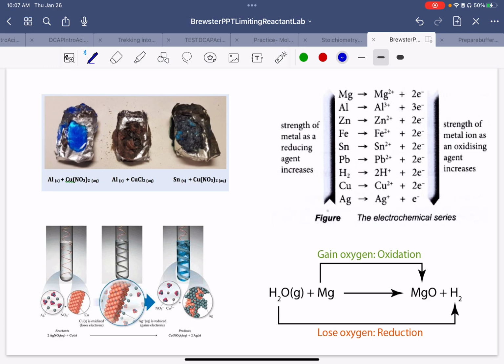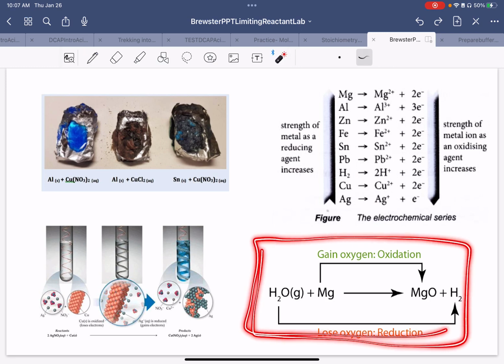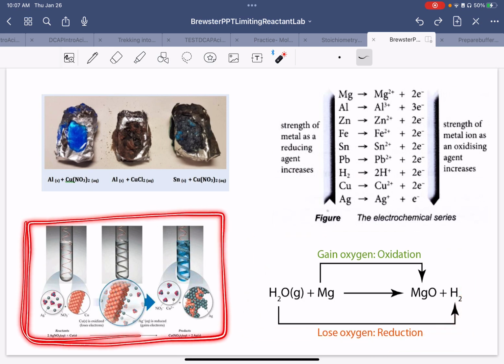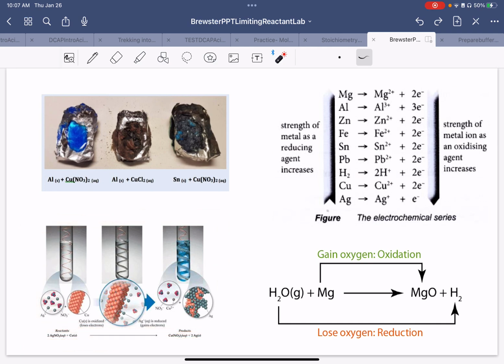Then these are just some different reactions with your copper. I'm also going back over your redox as well. These are some things I'm front loading. So we talked about redox, about gaining and losing electrons. This is another one. We've done this as well with the copper and the silver nitrate. So you've done these reactions, and here is your reaction here.